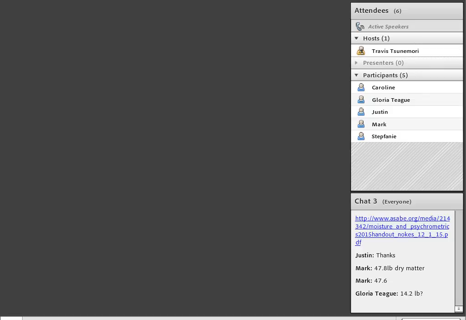Okay, so we've done moisture content, we've done the psych chart, we've looked at processes on the psych chart, just a very quick review. Now we're going to review equilibrium moisture content curves. Okay, and these are important because when a biological product is in a moist environment, it will exchange water with the atmosphere in a predictable way, depending on the temperature and relative humidity of the moist air surrounding the biological product.